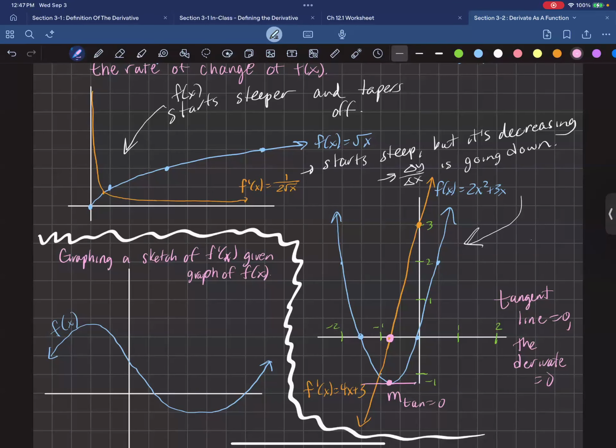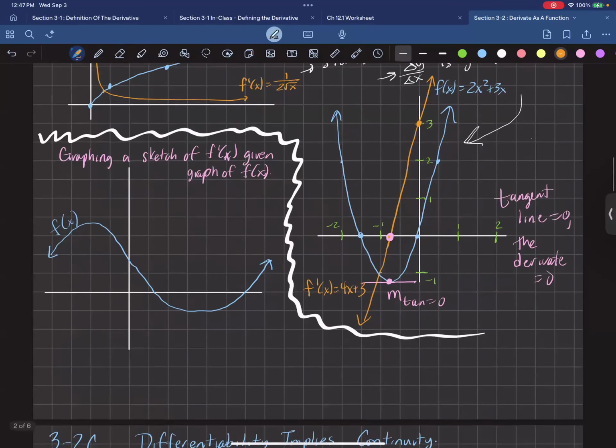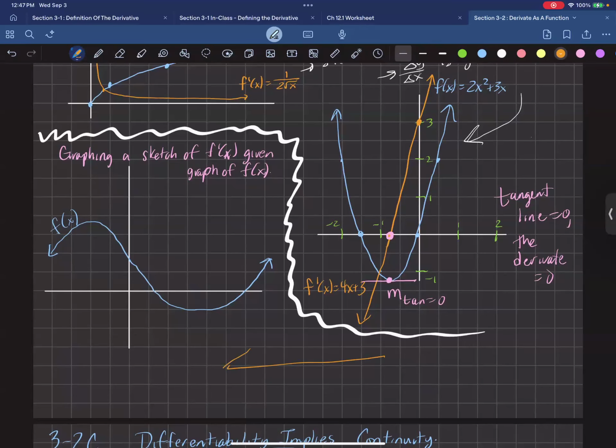And then if we look at the left side, for less than that value, the slope of f of x is negative, but increasing. It's pretty steep here, less steep here, much less steep there.